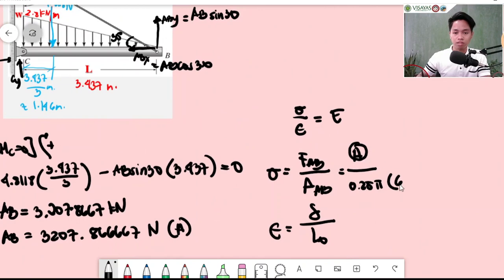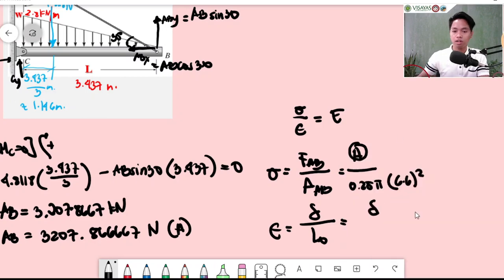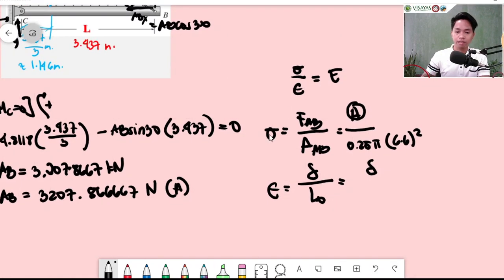So 6.6 squared. Now, what is our deformation? Deformation is, again, our unknown. We need to determine how much it stretches when the distributed load W is applied. So that would be our unknown, the deformation or our delta.